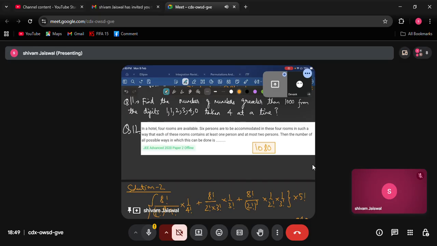Okay. 4 rooms are available. Okay, let us start. 6 persons are to be accommodated in these 4 rooms in such a way that each of these rooms contains at least 1 person and maximum of 2 persons. Okay.